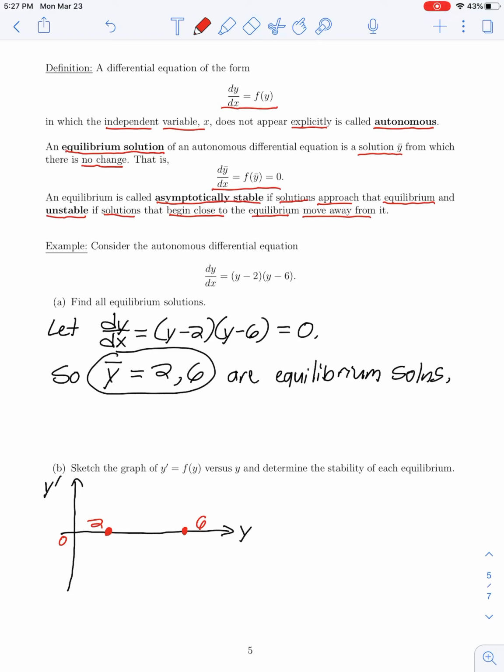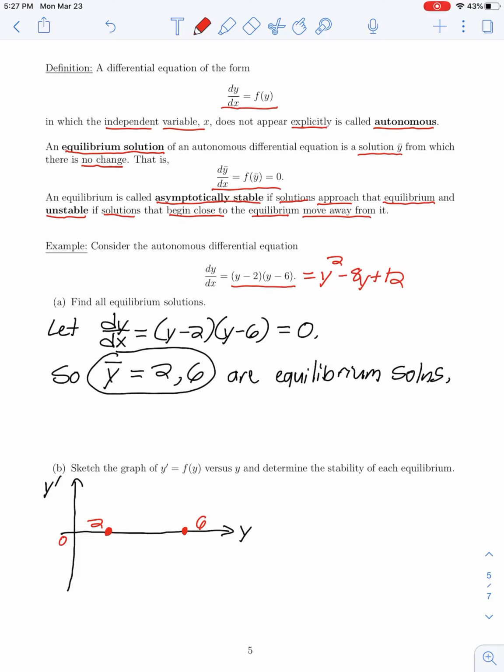Now to determine what the graph of y prime looks like everywhere else, well, let's think about how y prime is defined. It's given by y minus 2 times y minus 6, or if we expand it, y squared minus 8y plus 12. So this is a quadratic in terms of the variable y. And we know that the graph of any quadratic is a parabola.